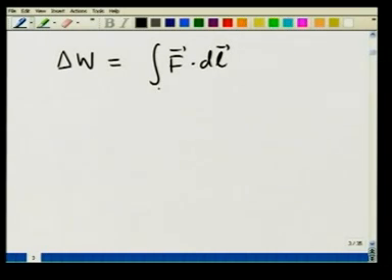So, I define for conservative forces, this equals F dot dl, and mind you, I am not going to put any C here because it is independent of the path, and this is going to be minus U2 plus U1.